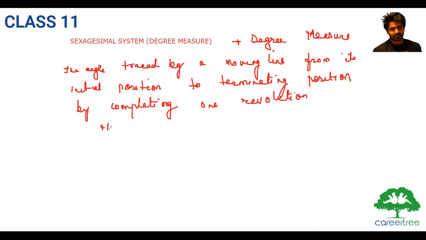Then 1 degree is nothing but equal to 1 by 360th part of that revolution.